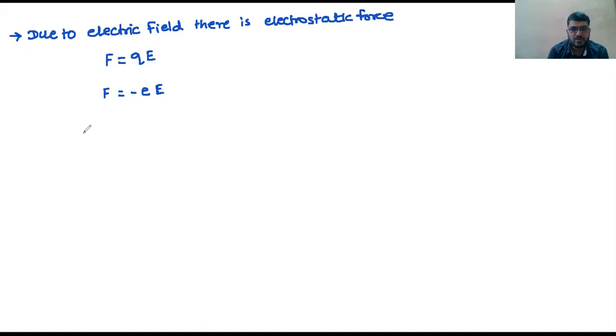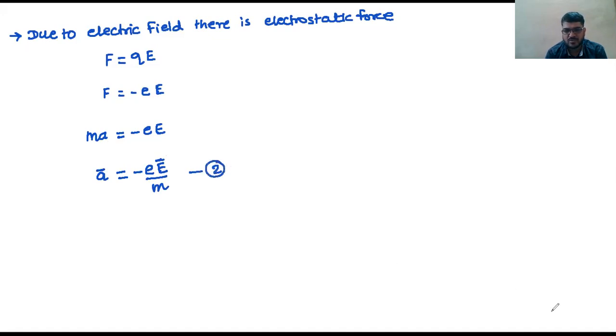Now we know F is equal to ma. So ma is equal to minus eE. E is the electric field, a is the acceleration. If I want acceleration, it is equal to minus eE by m. As this is a vector, I will write a bar is equal to minus eE bar by m. This is what we got for acceleration. Let's call it equation number 2.